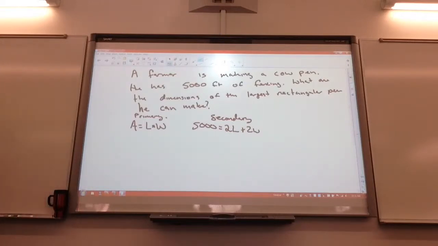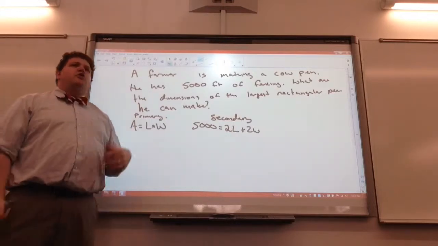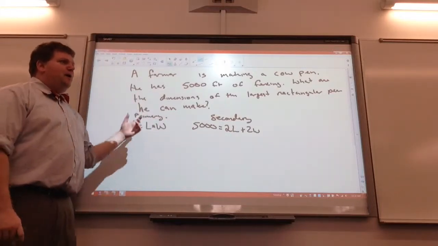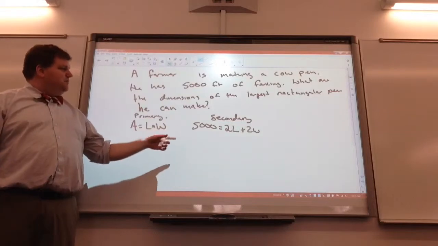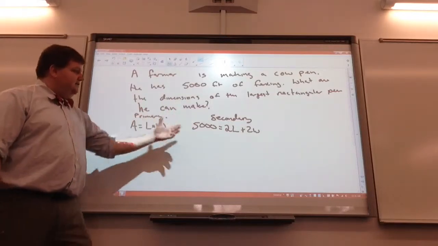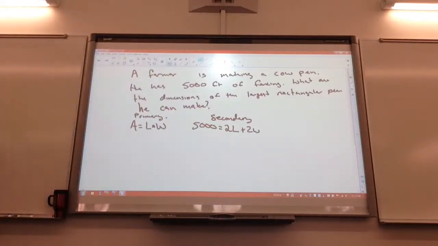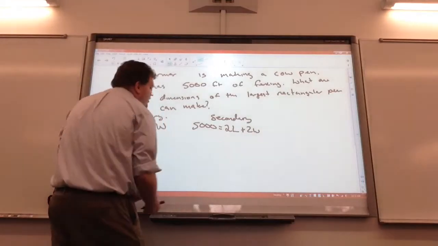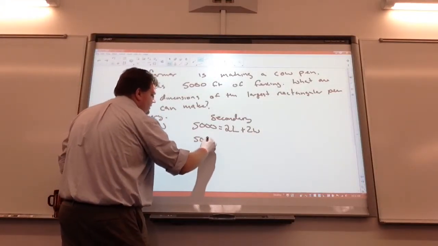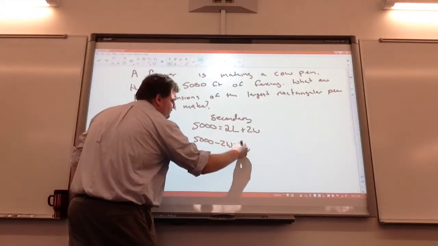Anyway, so we've got a primary and a secondary equation. What we want to do now is rewrite the primary in terms of the secondary, so that we've got a single variable. Which do you like, L or W? L. You guys like L, so let's solve for L in terms of W. 5,000 minus 2W is equal to 2L.